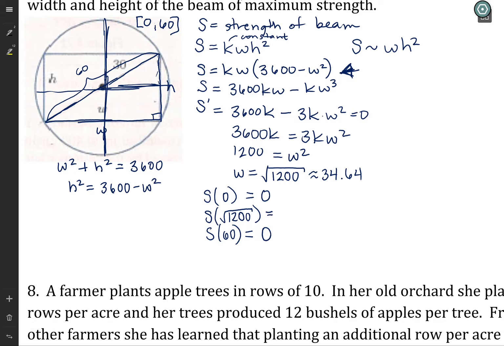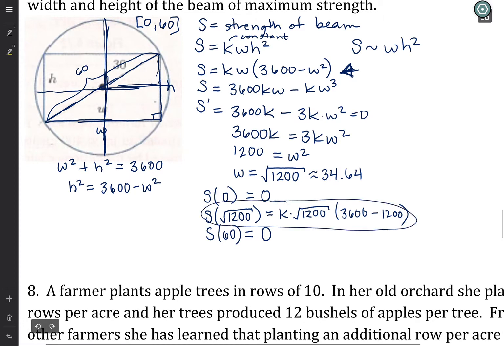But we can plug in and check. We have k times root 1200, which can be simplified, I'm not worrying about it too much right now, times 3600 minus root 1200 squared, so 1200. So we're getting k times root 1200 times 2400, definitely bigger than 0. So I think it's safe to conclude at this point that this is our max.